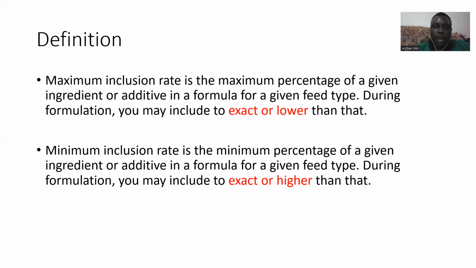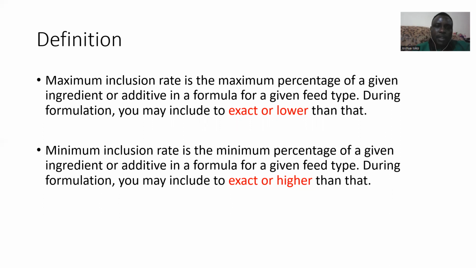For instance, the maximum inclusion of soya products, all soya products, soybean cake, soybean meal, soybean full fat, a combination of all. If you used one or all the 3, they should not go beyond 35% inclusion rate. Beyond that, the feed is not tasty, and layer birds will leave it for you there.